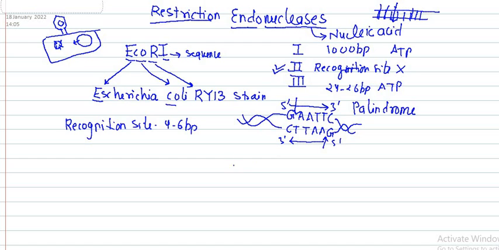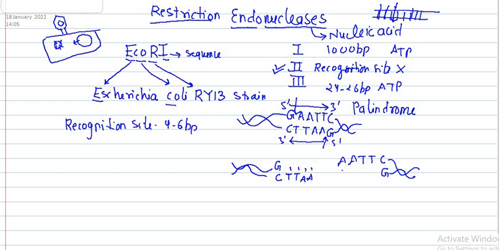And the resultant DNA we get is like this. So these non-bonded overhanging bases are called sticky ends. Sticky ends are most important to join the foreign DNA to this cut edge.